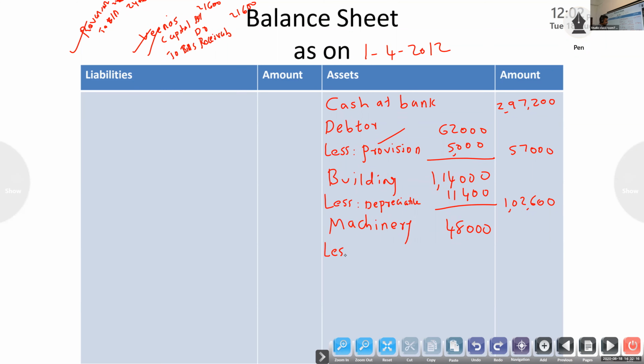Less depreciation, 4,800. Then it will be 43,300.